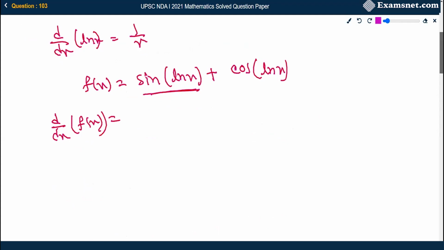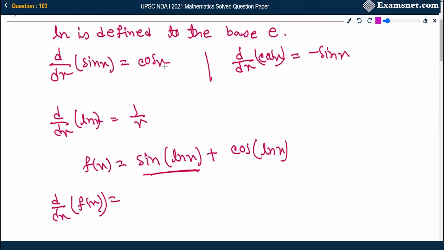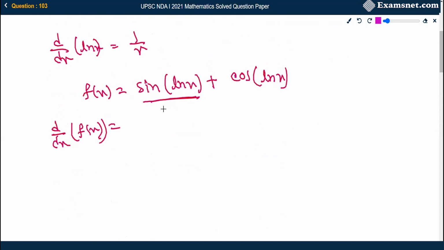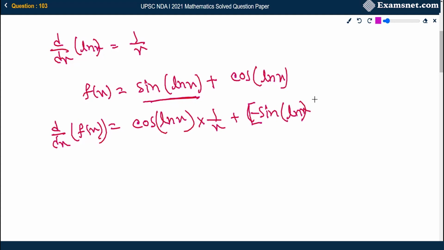The derivative of sine theta is cos theta, so we write cos ln x. Now look at the theta portion, ln x. If we differentiate ln x, we get 1 by x. Similarly, we treat cos ln x as cos theta, so we get minus sine ln x.